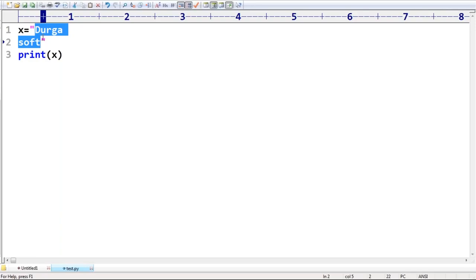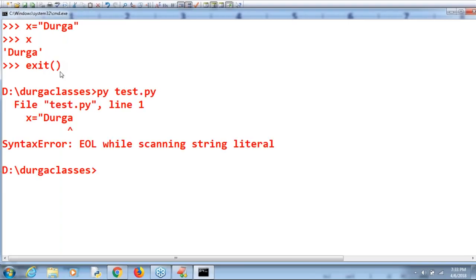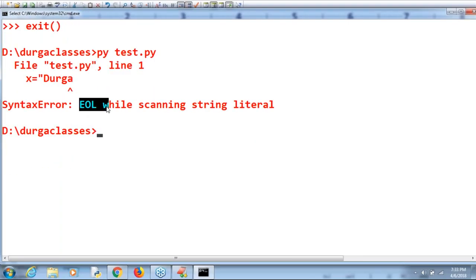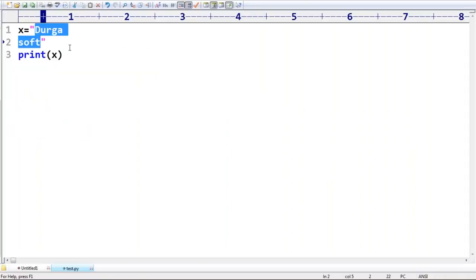If multi-line string literals are required, we compulsorily must use triple quotes. If you use single or double quotes, we immediately get an error. Exit the Python prompt and run py test.py: syntax error, EOL, end of line while scanning string literal. Now the same thing with single quote.